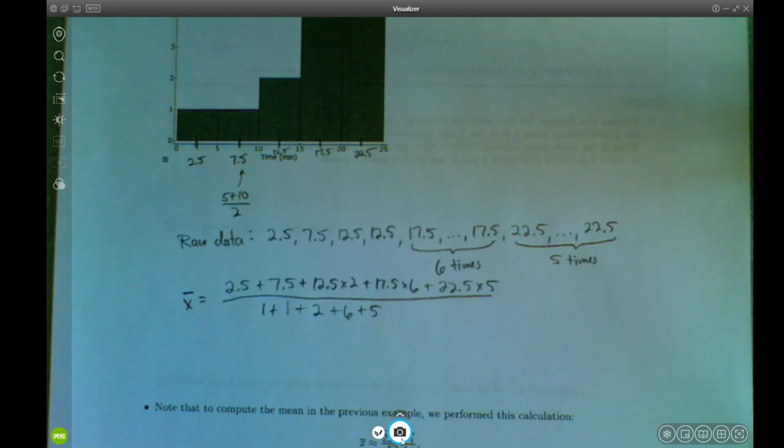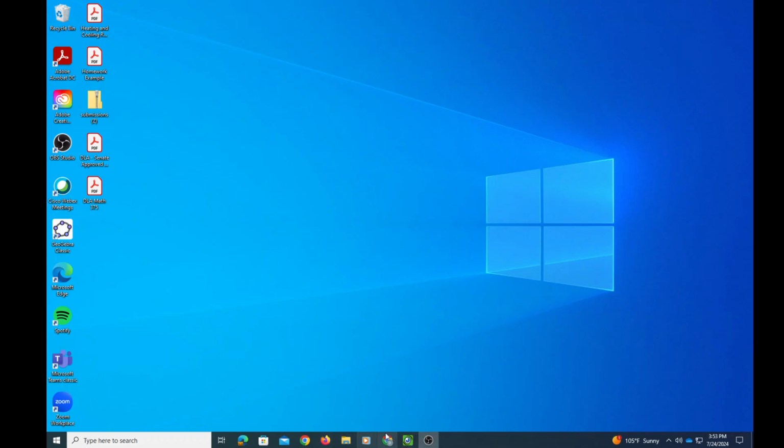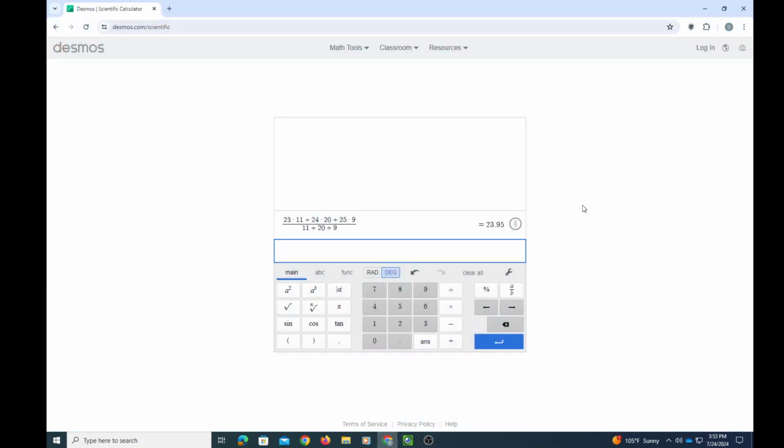And then I pop that into my calculator. Let's see what we get. So again, I'm going to give myself a little fraction. We've got 2.5 plus 7.5 plus 12.5 times 2 plus 17.5 times 6 plus 22.5 times 5.